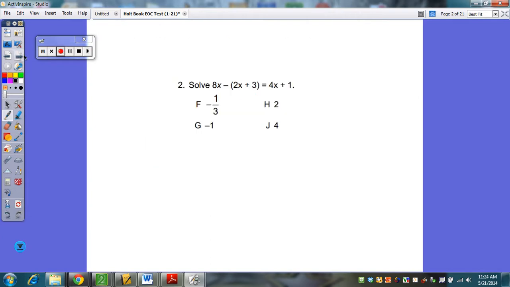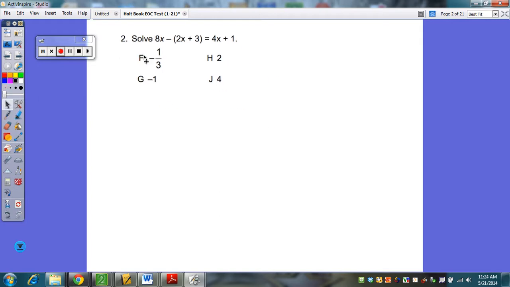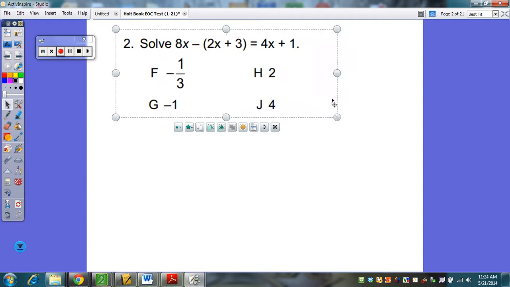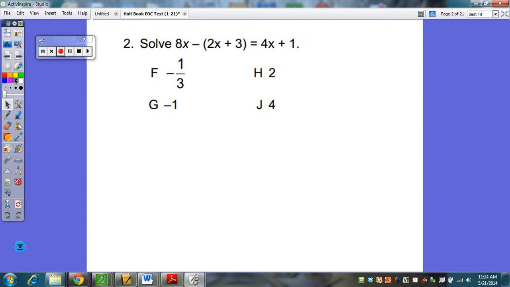Okay, so next, again, algebraically, this is a problem that we're going to solve where we're going to, let's just rewrite the problem here, 8x minus 2x plus 3, and that equals 4x plus 1.